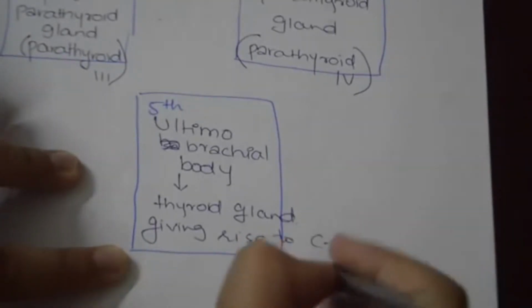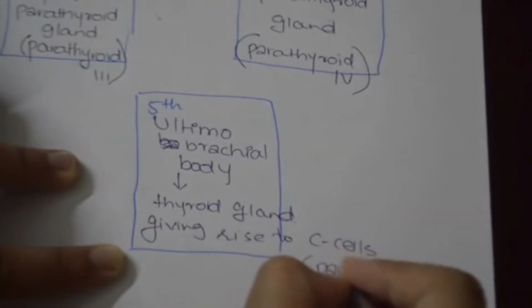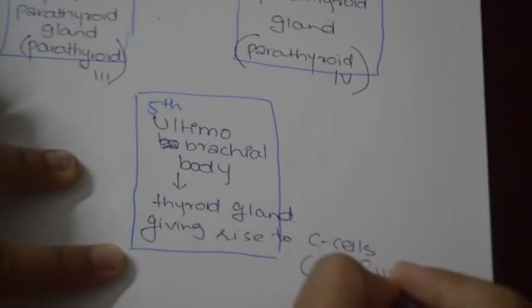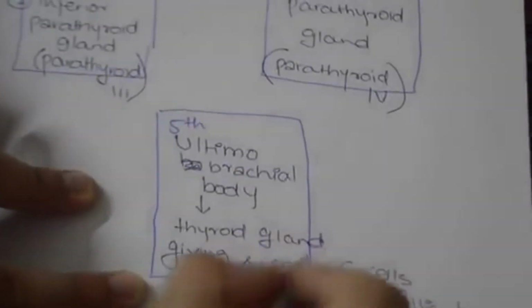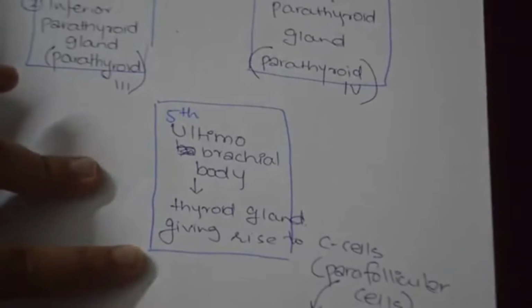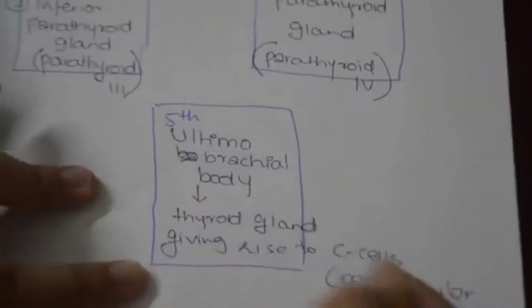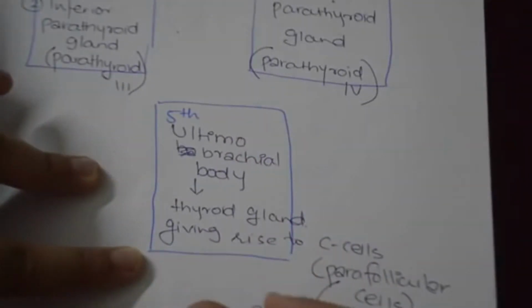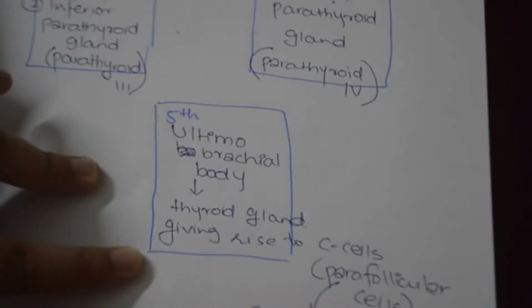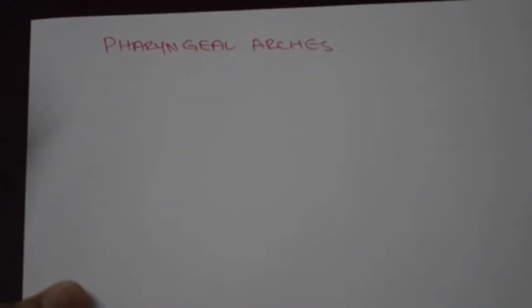These C cells, which are also known as parafollicular cells, what do they do? From our previous knowledge, we can say that these cells release and produce calcitonin. So this was all for the pharyngeal pouches. Now we're starting the pharyngeal arches.